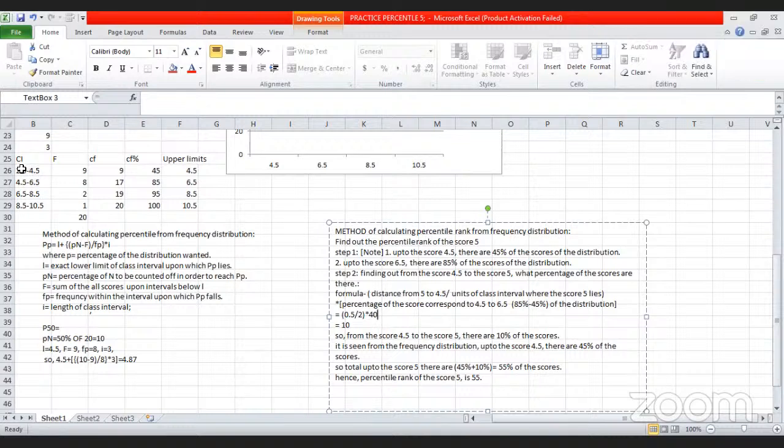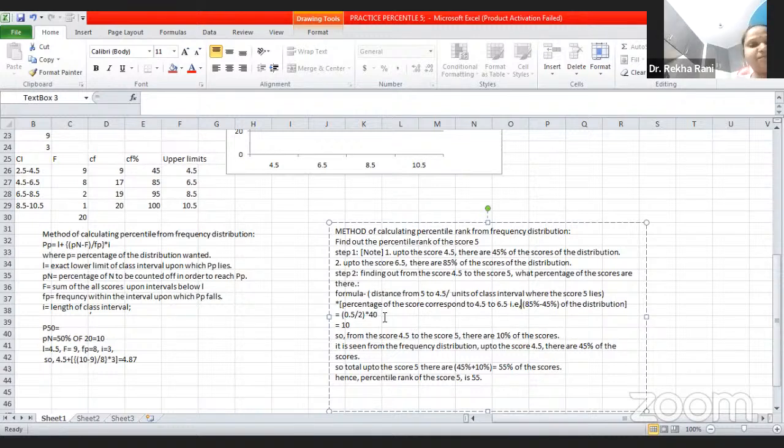So if from 2.5 to 6.5 it is 85, and up to 4.5 it is 45, then from 4.5 to 6.5, it should be 85 minus 45. The percentage of the scores that correspond to 4.5 to 6.5 is 85% minus 45% of the distribution.